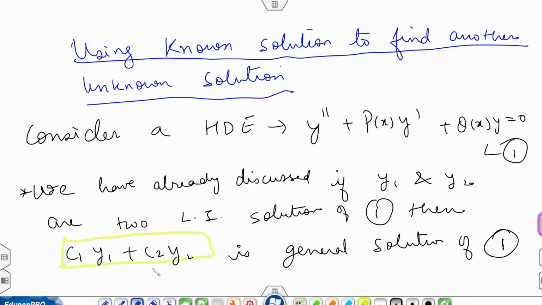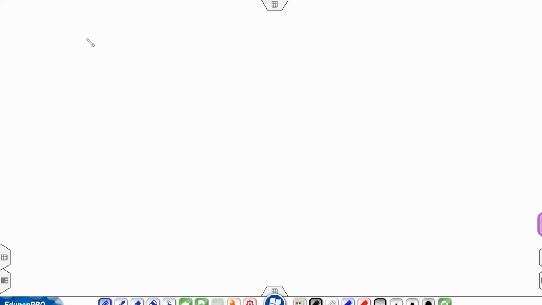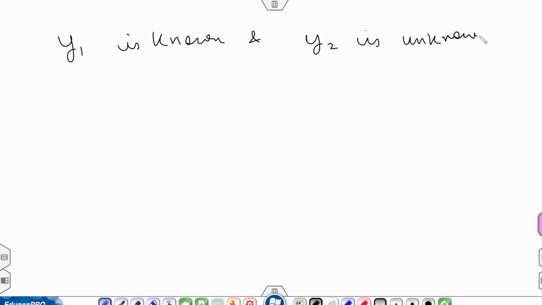Now the problem, again, is this: if you know y1 and you don't know y2, how can we find the other solution with the help of the known solution? So let us see. Now we can write that y1 is known and y2 is unknown. So we want to find y2.